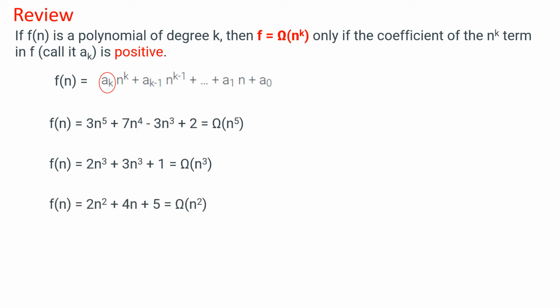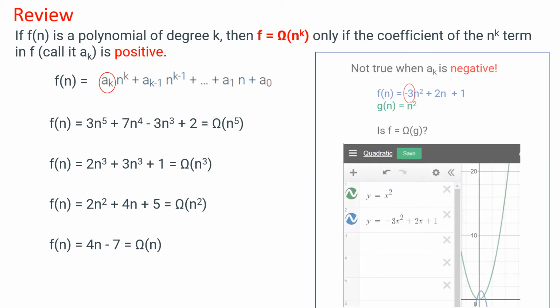Here it's omega of n to the 2nd, and here omega of n. So we're just taking that statement as being true and then being able to go straight to making these statements involving omega.